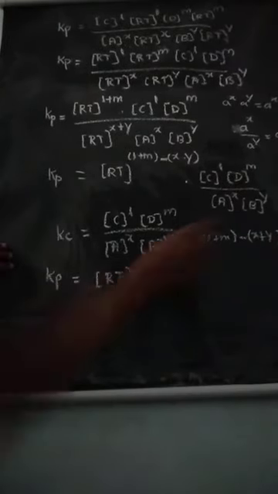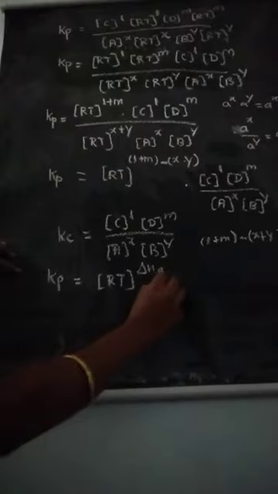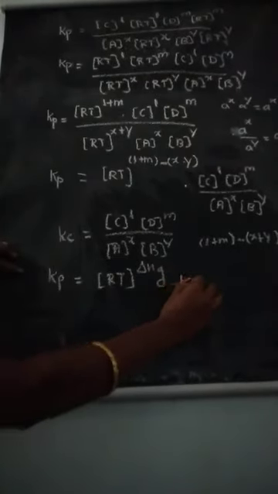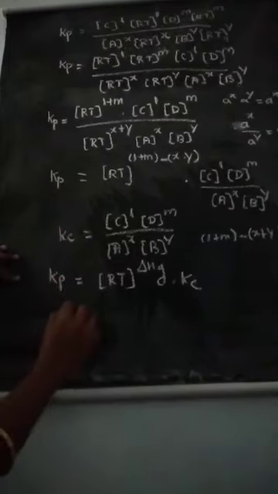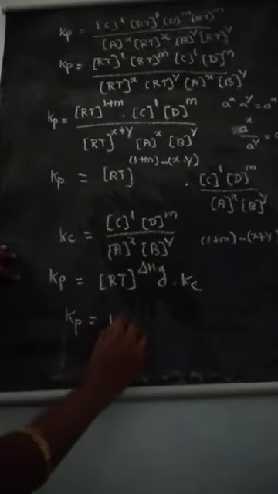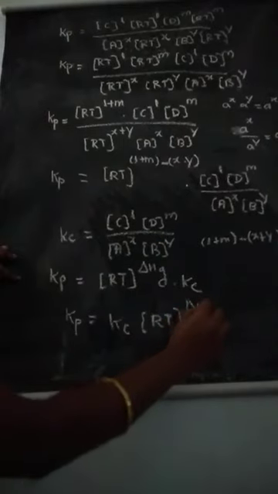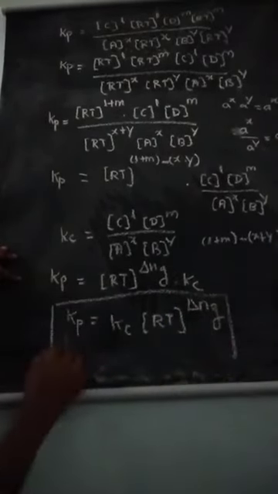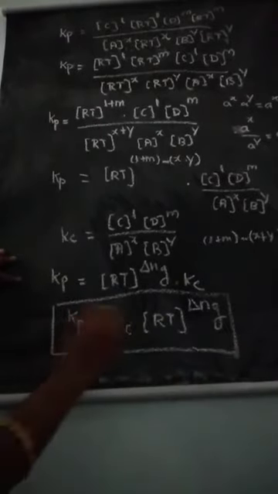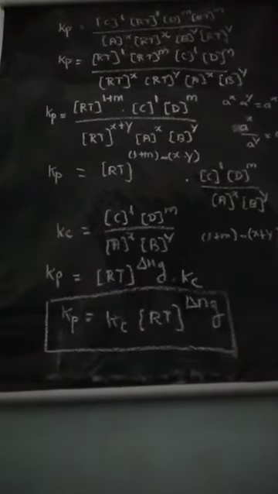Let's consider that. So you can write the formula RT power delta Ng into Kc. This is Kc. Understand? Just rearrange and write the formula. Kp is equal to Kc into RT power delta Ng. So this is the relation between Kp and Kc. Understand?